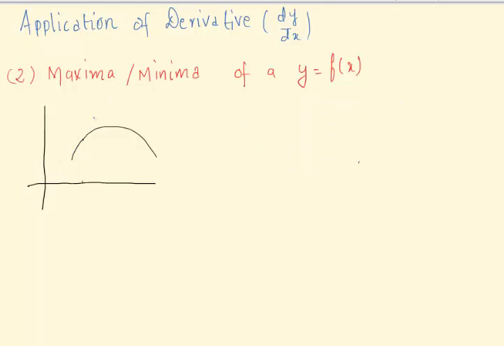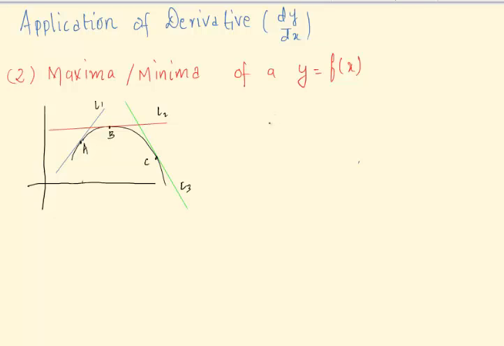Let's try to extract some more information. Now we have three lines: line number 1, line number 2, and line number 3. You can quite clearly see the slope of the tangent L1 is positive.